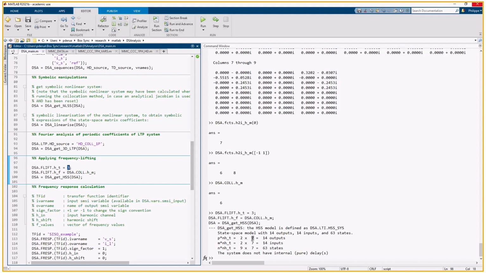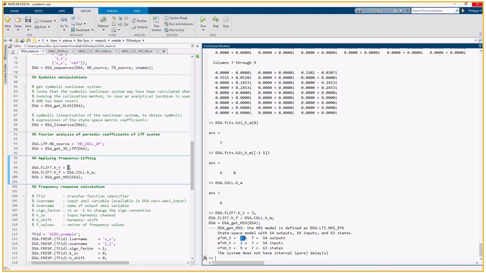That is indeed 7. We have that for 2 outputs. We have also 2 inputs, and we have 9 states. Each of the 9 states have 7 Fourier coefficients, so that is indeed 63 states.